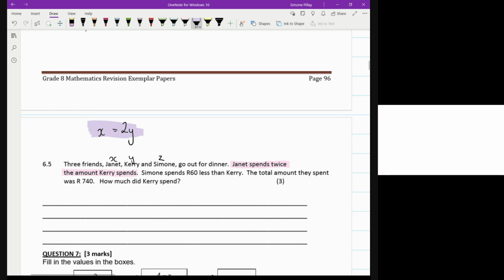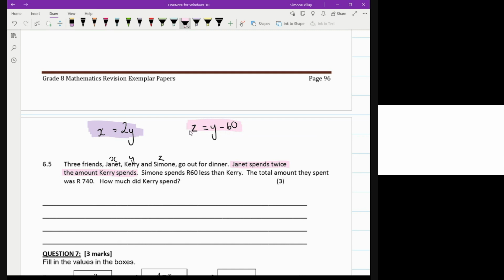So my spend is equal to Carrie's spend, which is y, less 60. So if I take Carrie's spend and minus 60, I'm going to get what I spent.